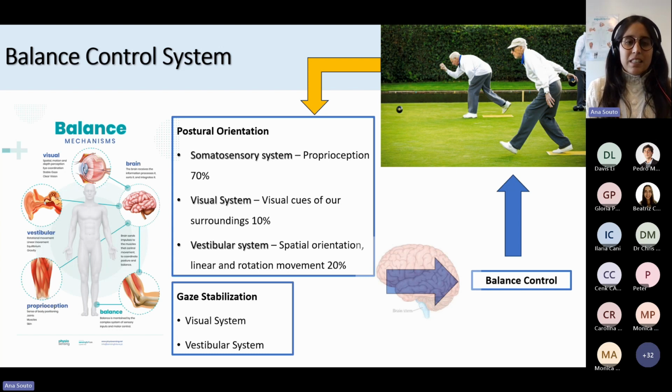And so all this information is processed in the central nervous system, so an adequate motor response is produced to promote the right movement pattern.